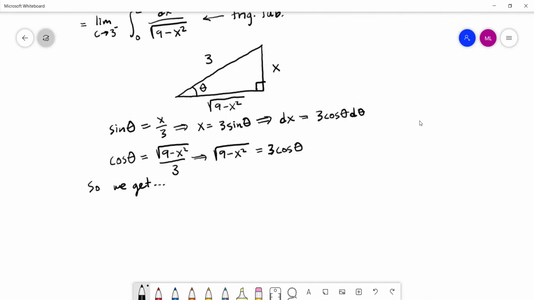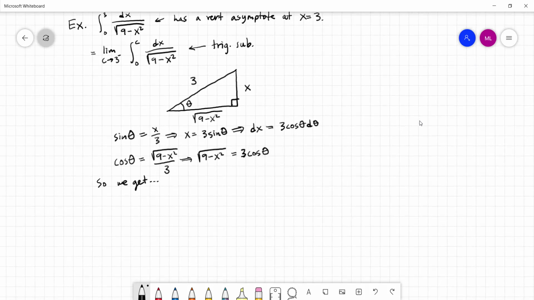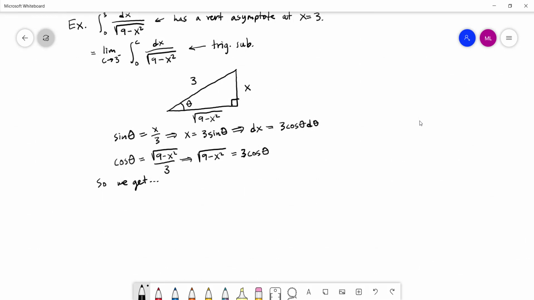When we put this all together, let me zoom out so we have it all in the frame at once. The integral that I want to do is the limit of the integral from 0 up to c.